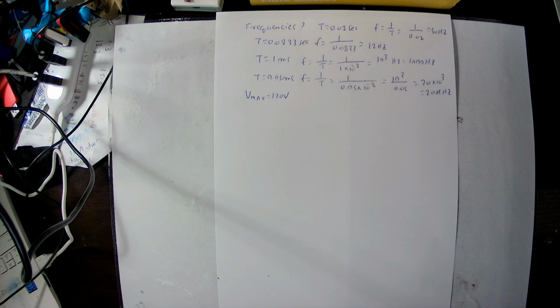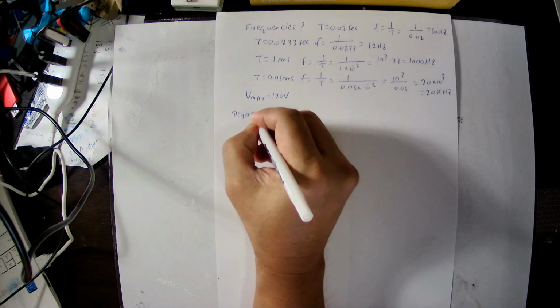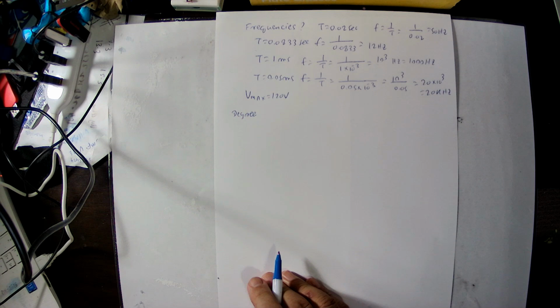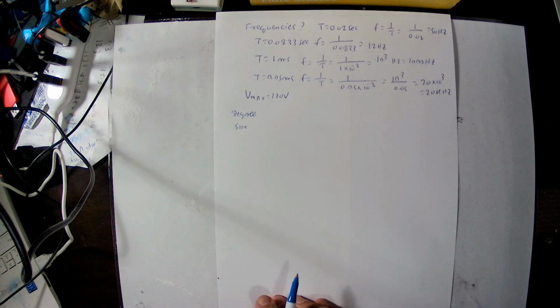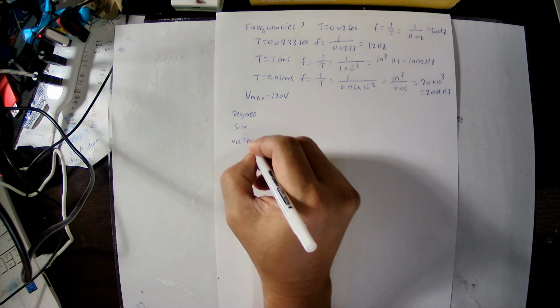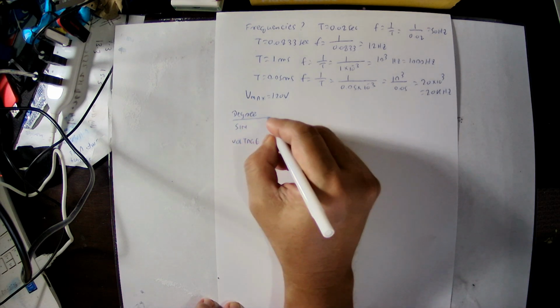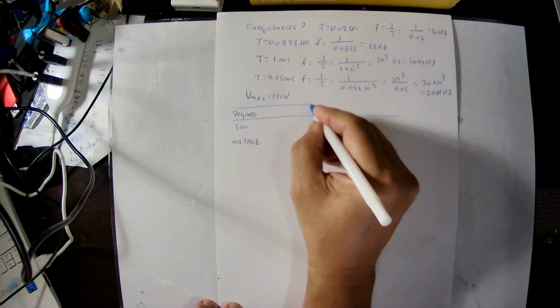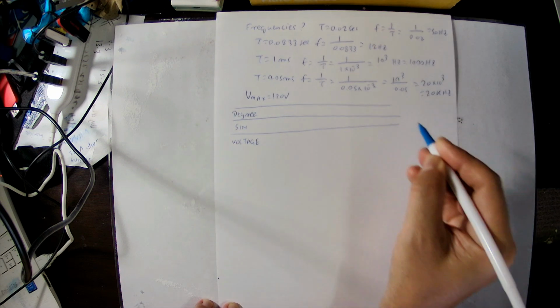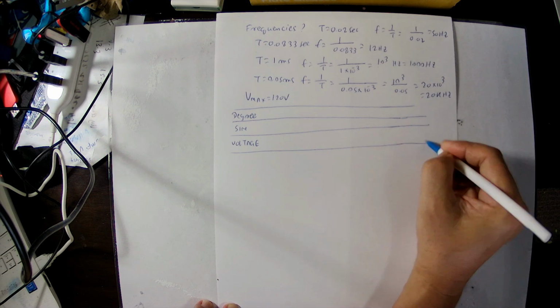Here is the degree, here is the sine value, here is the voltage value. Degree, sine value, and voltage values are given. So maximum voltage is 120. Now the sine value and the voltage value we can put into this table.